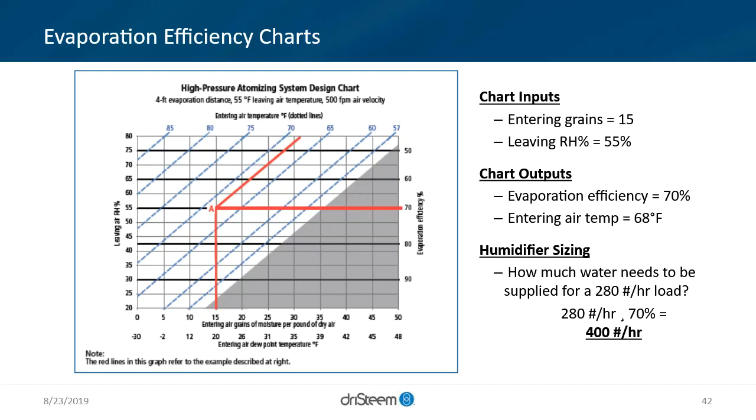Our sizing software called DriCalc does this automatically and looks at what is our efficiency so we can gain what our total load is. So if the space needs 280 pounds an hour in this example and we have a 70% efficiency, we need to supply that air with 400 pounds an hour, knowing that 120 pounds an hour is going to go down the drain, and that's our inefficiency in this specific example.